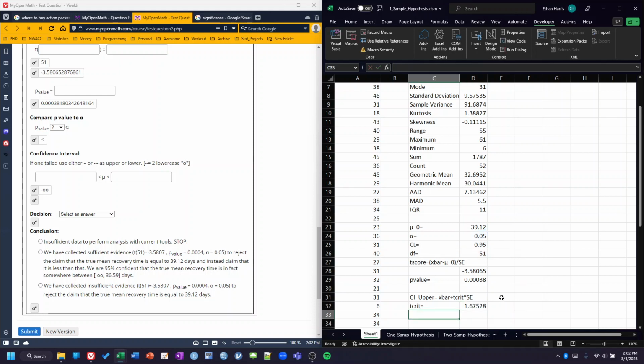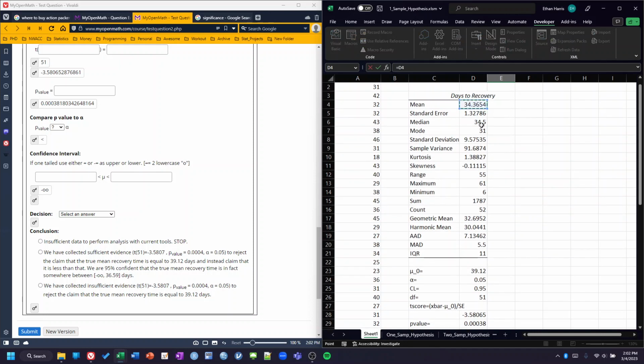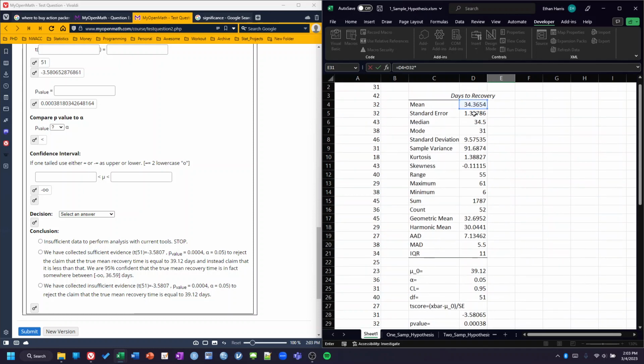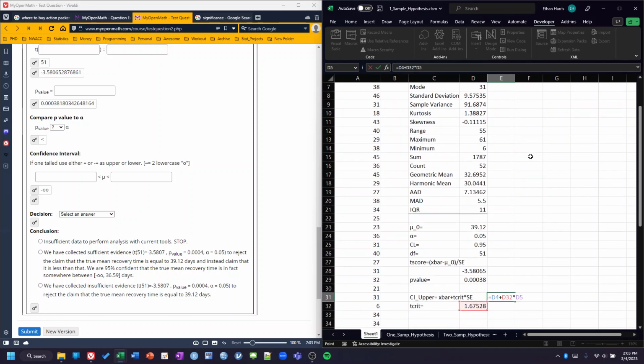And now we have our t-crit. Now that we've got our t-crit, we can say equals our x bar, our sample mean, plus t-critical times the standard error, and that is equal to 36.56 essentially. And let's go look at that. 36.5899, that's what we've got.